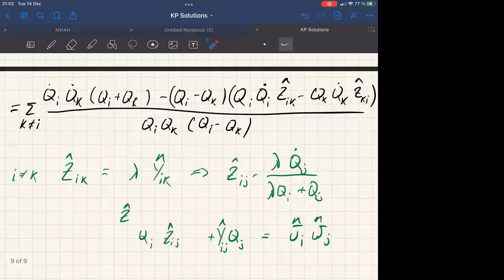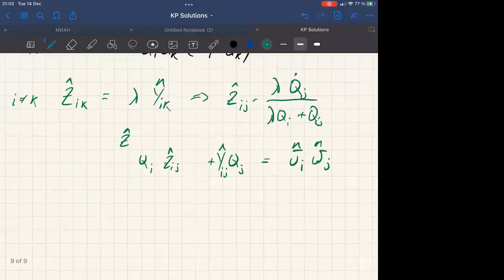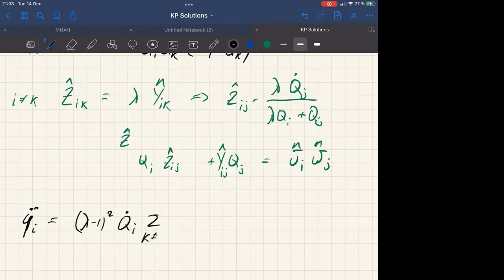So we kill all dependence on Z here, and after that we could see that times E equals to 1 minus 1 square to I not equals 1.